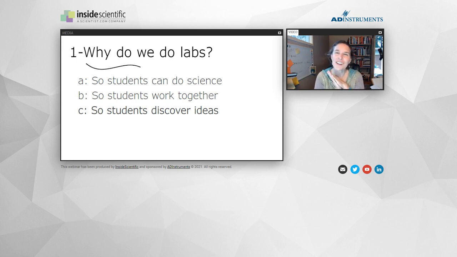Oh, lab work that is designed. Now, this is interesting because this is different than applying content that they've learned somewhere else, like read the text and now we're going to apply it. This is discovering ideas. This is an inquiry-based approach that I think is harder for us to do. I think most of our labs tend to be sort of cookbook-y as opposed to truly facilitating the students to figure it out, to discover a concept.